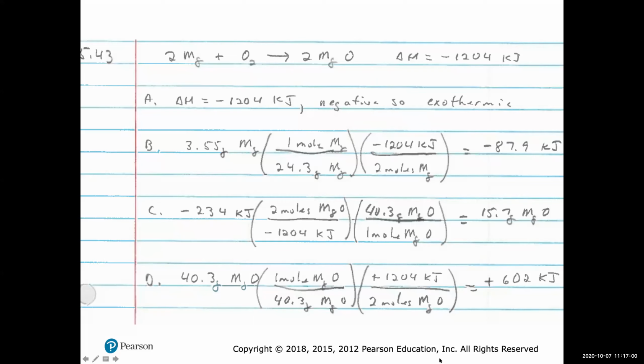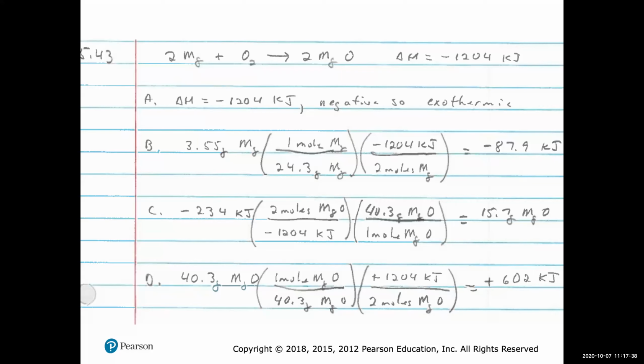So we start with 3.55 grams of magnesium, and then we change that into moles. We need the atomic weight of magnesium, that's 24.3. So now we've converted into moles. We know from our reaction up front that delta H for this reaction is minus 1204 kilojoules. But we're also interested in the coefficients for each of the molecules we're dealing with. In this case, for this reaction, you're using 2 moles of magnesium.